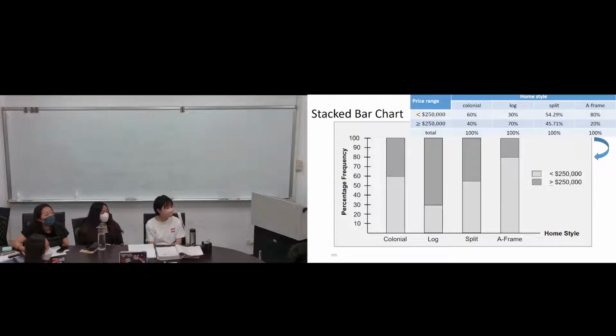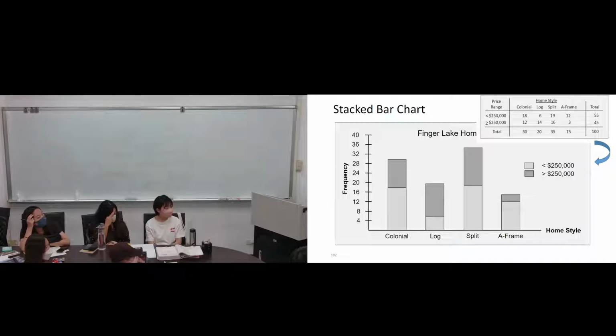For the log, 6 are priced below $250,000.